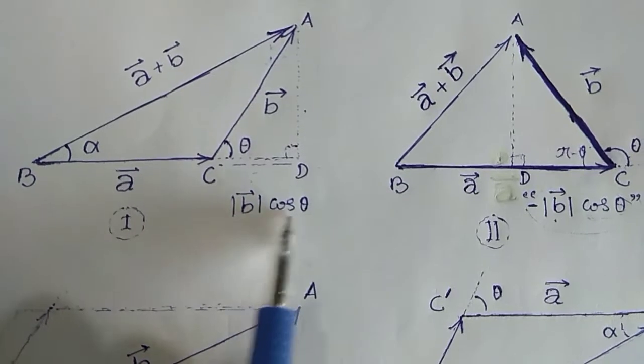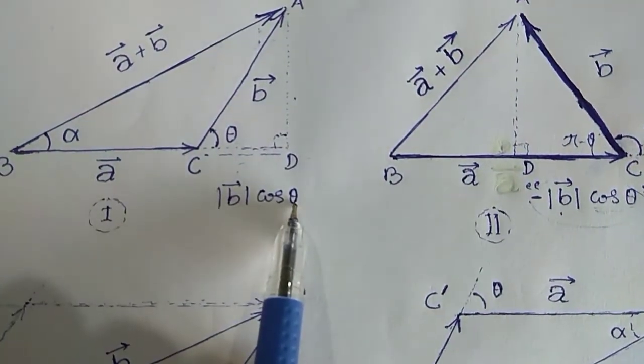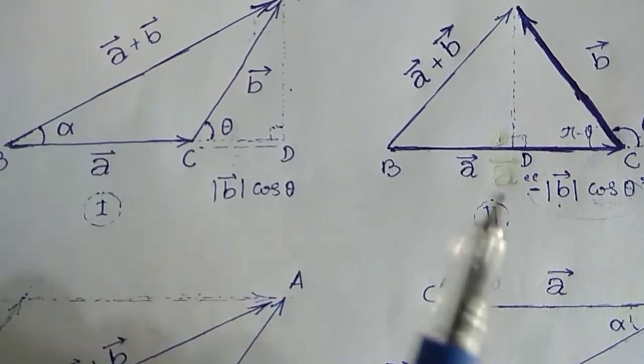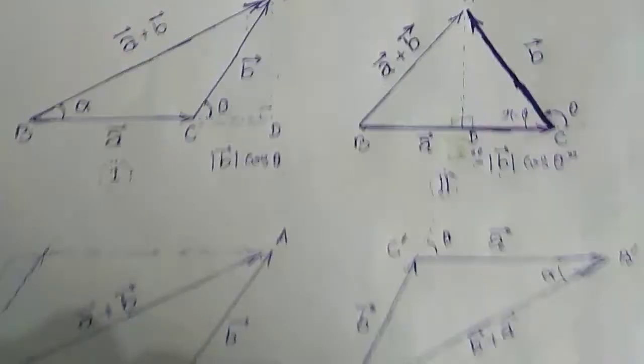Here the expression is different, because here theta is an acute angle. So cos of theta will be positive, so CD will be positive.